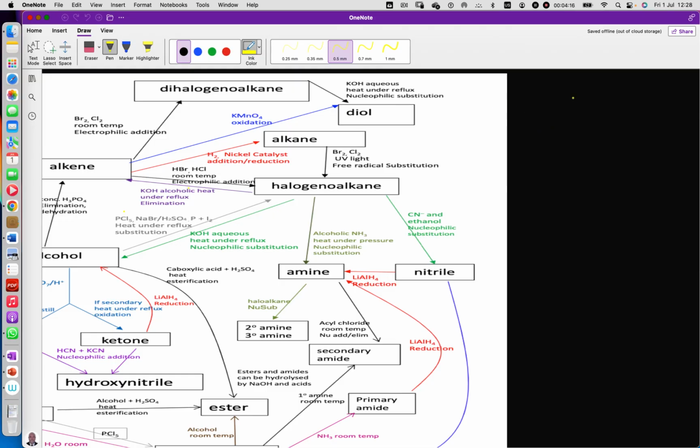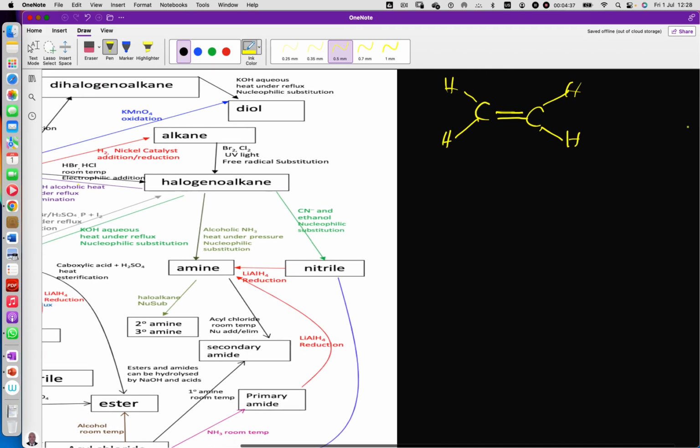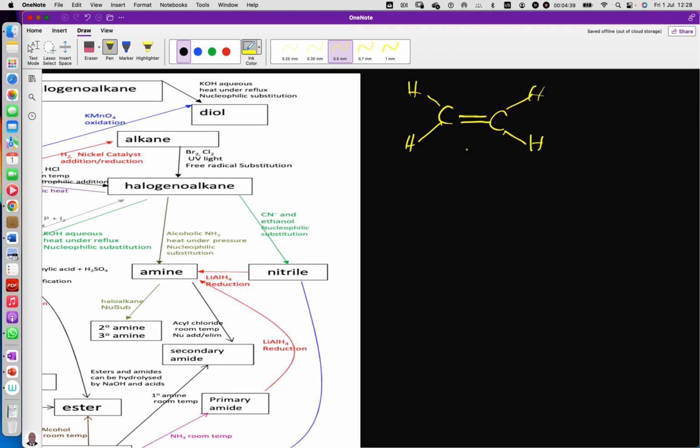An example is ethene. This is ethene here.